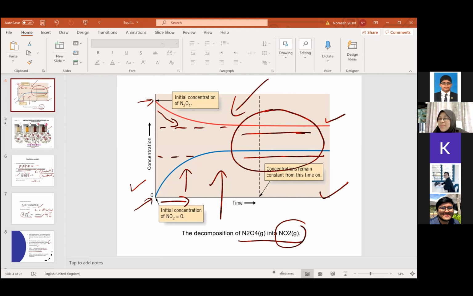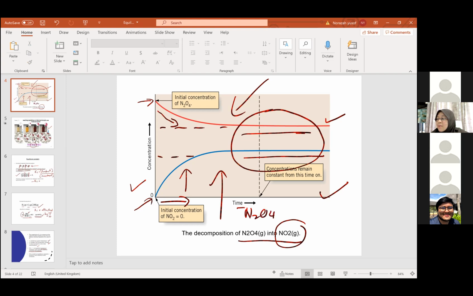Which one is the reactant? Which one is the product? NO2 is the product and N2O4 is the reactant. So now, at equilibrium, which one is greater, reactant or product? Reactant.